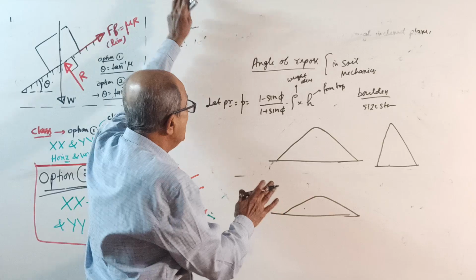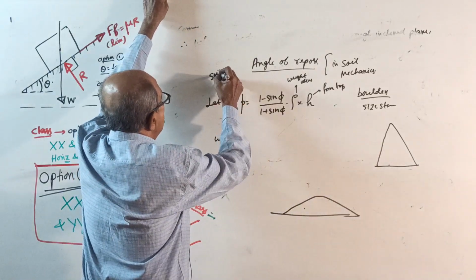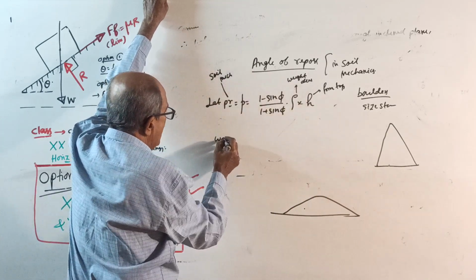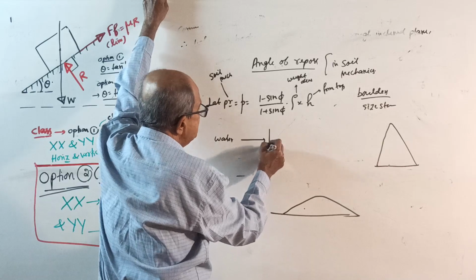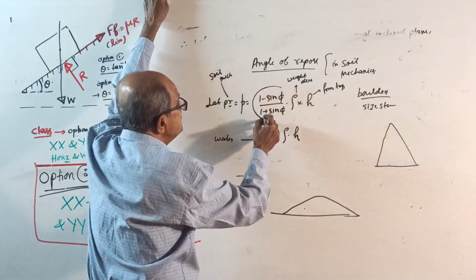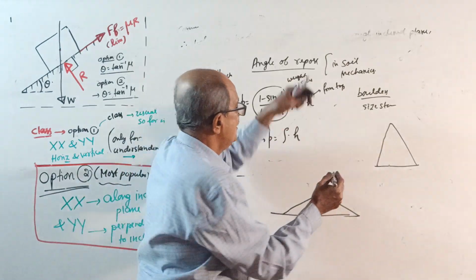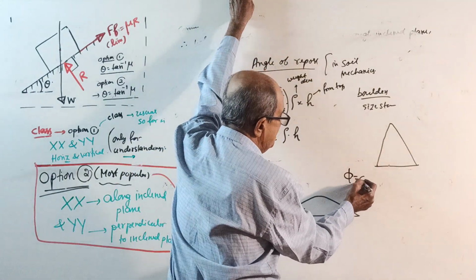This is for soil mechanics. But in case of water, what do you take? Pressure equals simply rho into h. You don't consider this term. Why? Because for water, phi equals 0 degrees.